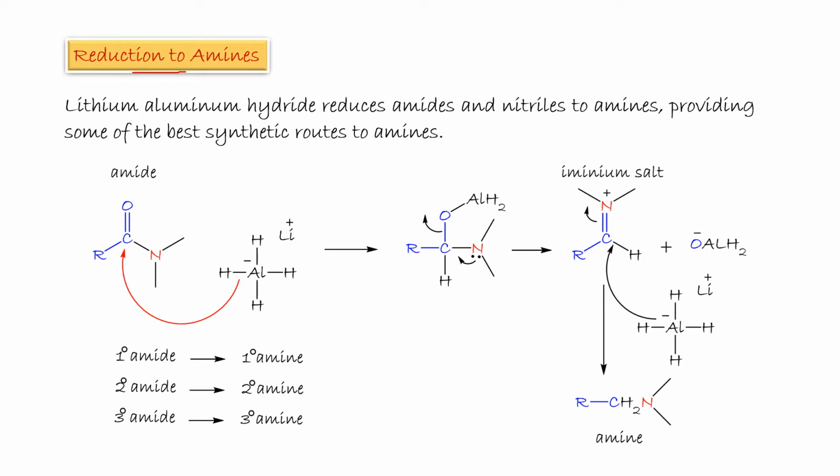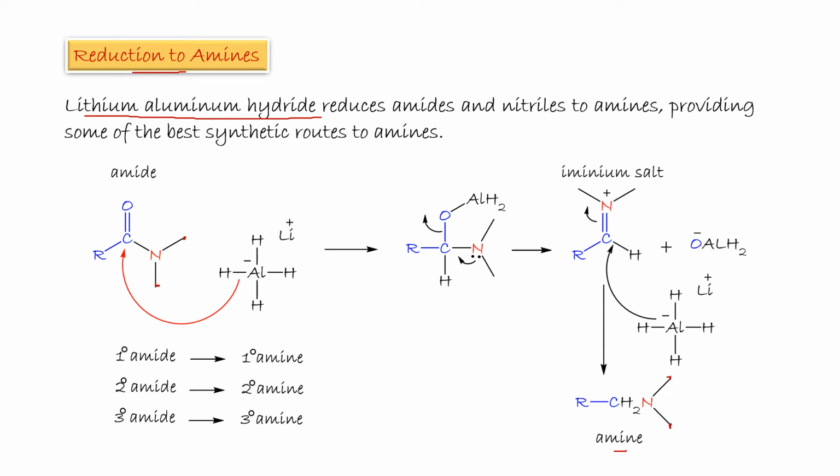Reduction to amine. We can reduce the amides and nitriles to amines using lithium aluminum hydride. If we have a primary amide, with two hydrogens here, it will give a primary amine with two hydrogens here.